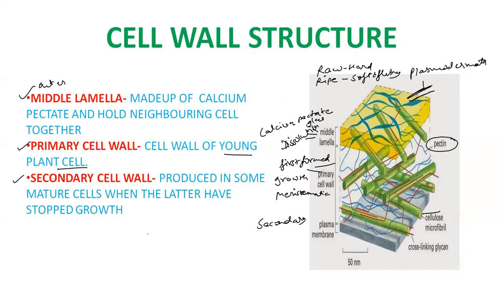So when the plant is thin, the primary cell wall is present. But when the plant becomes thicker, the secondary cell wall is present, and secondary cell wall is made up of lignin. So growth can't take place, but it increases the diameter of the plant and provides solidity.